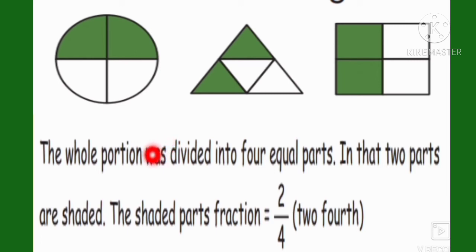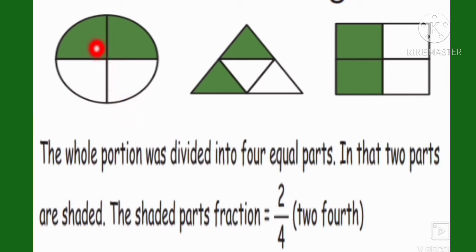Here, note it down, 4 will be the denominator because the total number of parts is 4. So 4 makes the whole. So it is the denominator, the total number of parts that make up a whole.